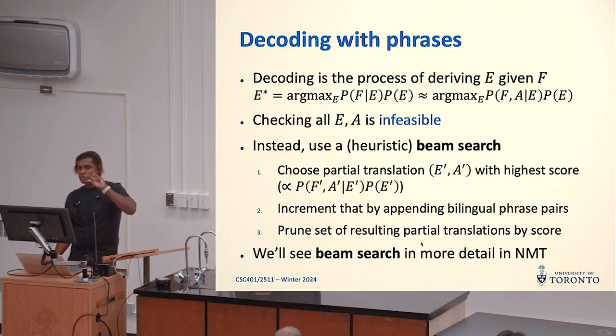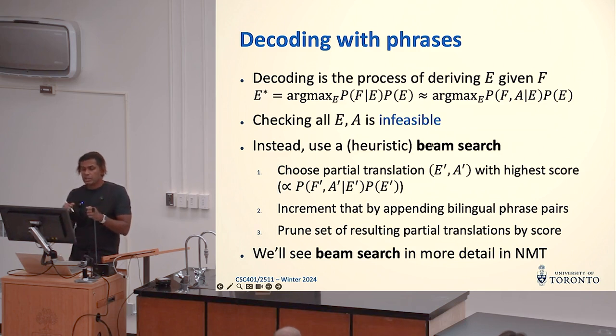Now we have to do the decoding part: observe some French and then decode that back into English based on our earlier formulation. But this is computationally infeasible because the number of possible alignments, or possible joint probabilities, is usually very large.